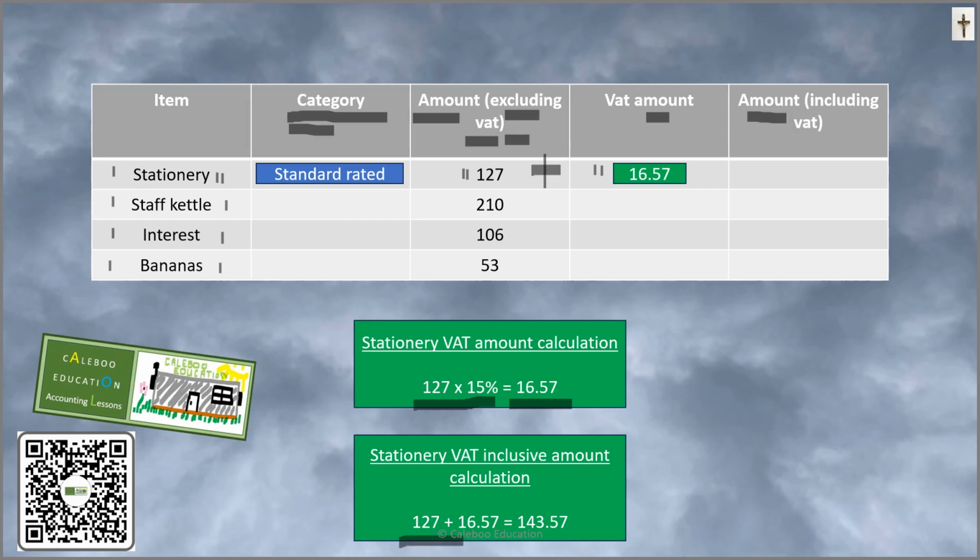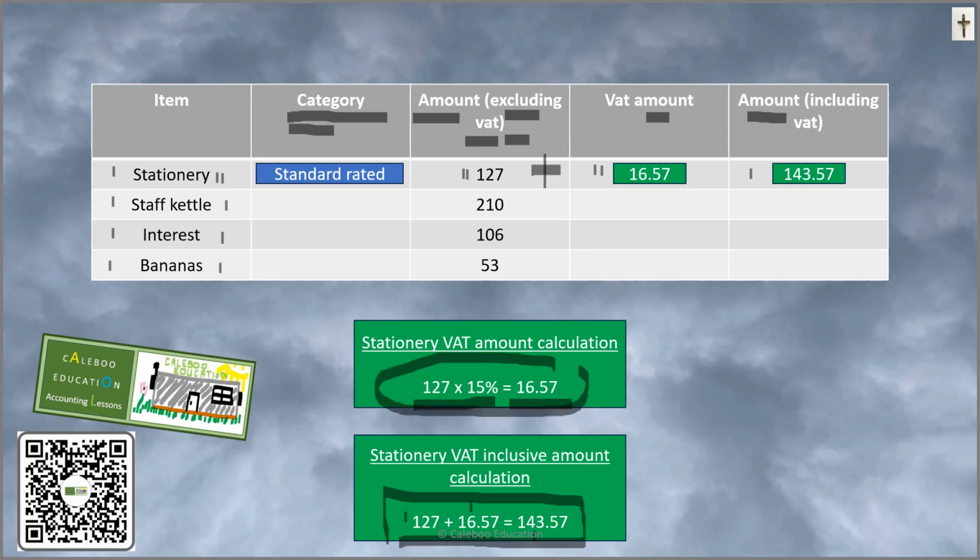And there is the calculation. The amount, 127 excluding VAT, plus the VAT amount is equal to the VAT inclusive amount of 143.57. So there we go.